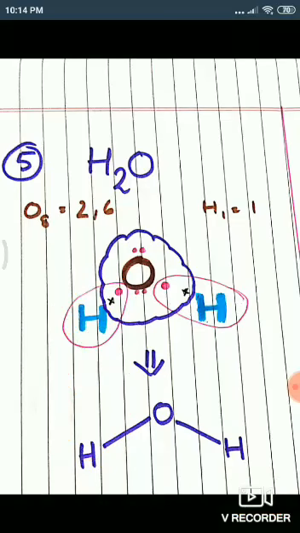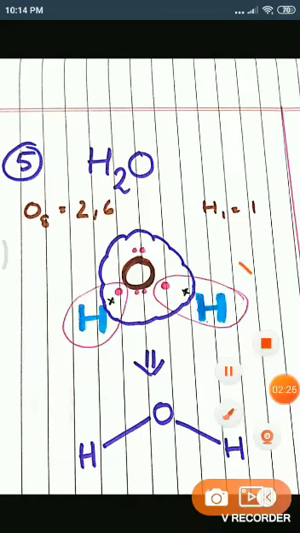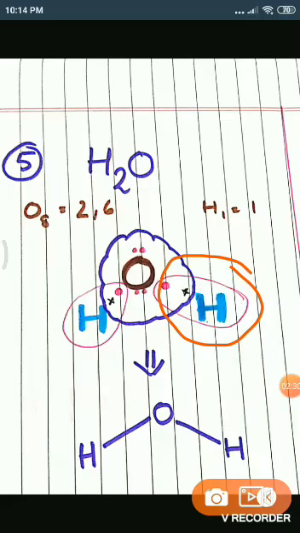Clear? Similarly, this hydrogen will also tell this oxygen, you have given to that hydrogen, why don't you give it to me? So this oxygen कहता है अरे भाई ले लो तुम ही ले लो electron. ठीक है? So this hydrogen also achieves octet with the help of sharing with oxygen. Clear?